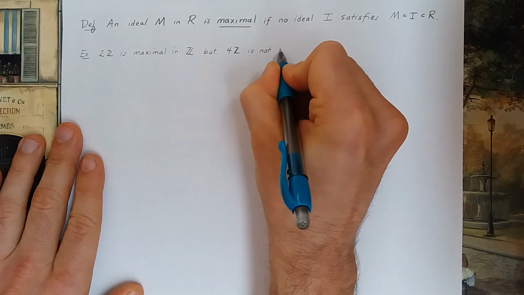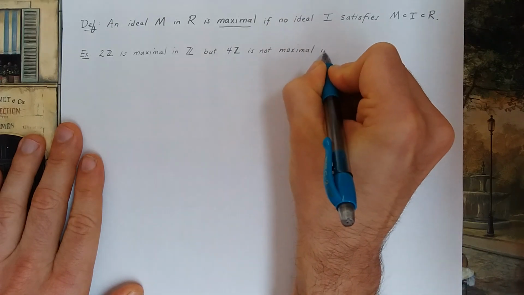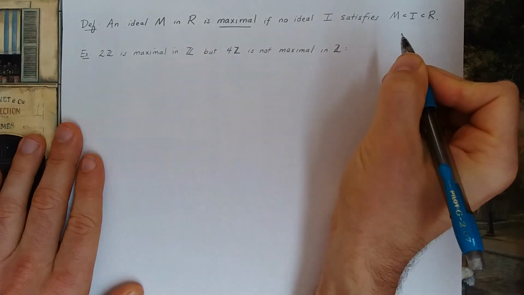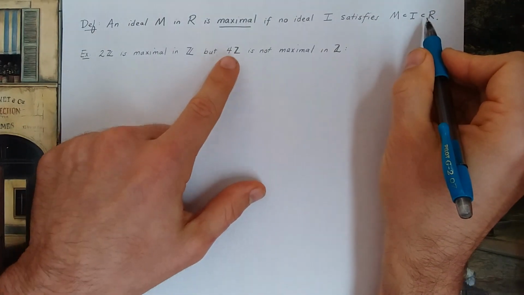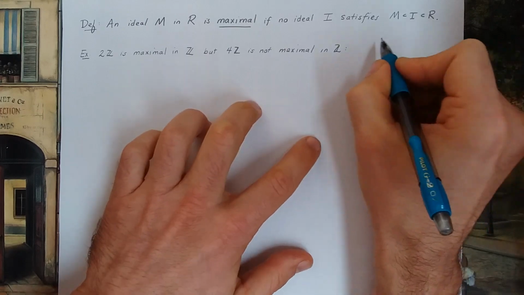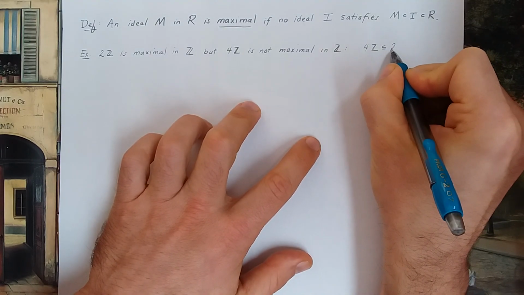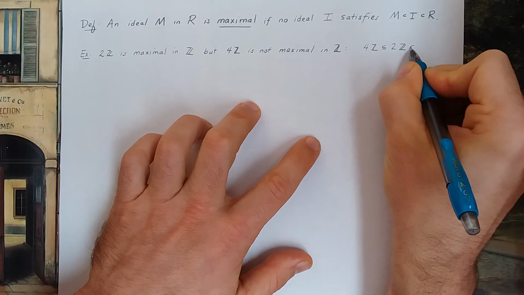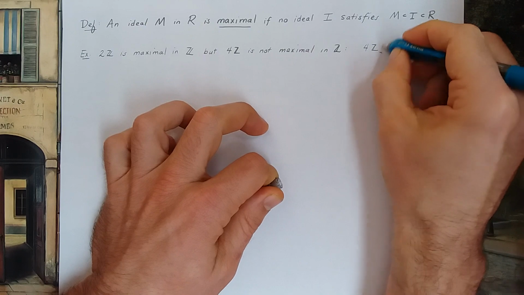This is not maximal, however, because I can find an ideal that sits properly between 4Z and Z. The even integers do. Well, this is proper containment.